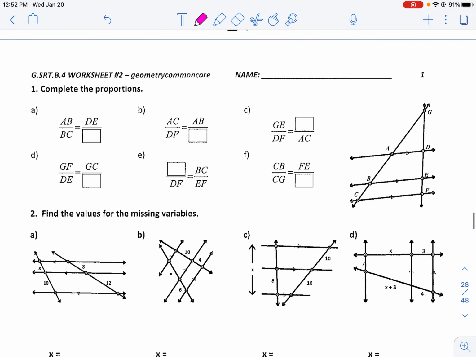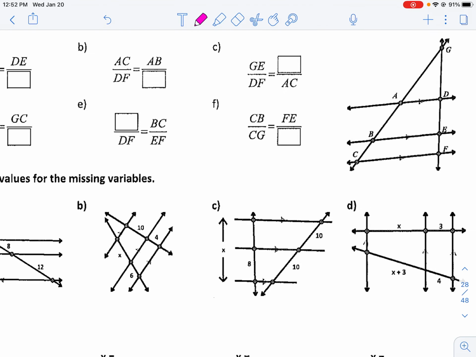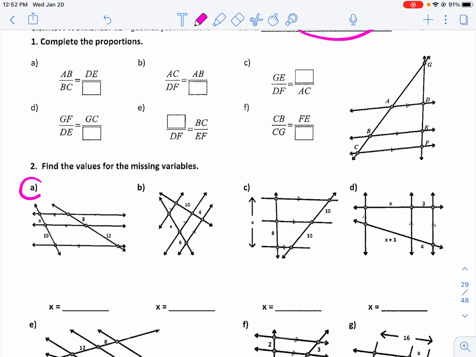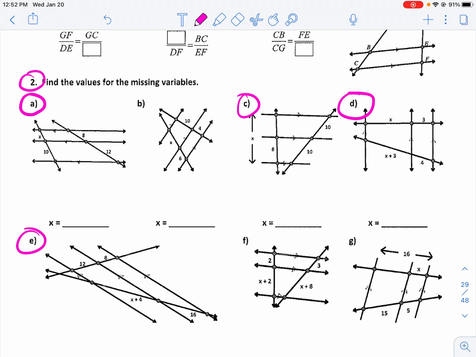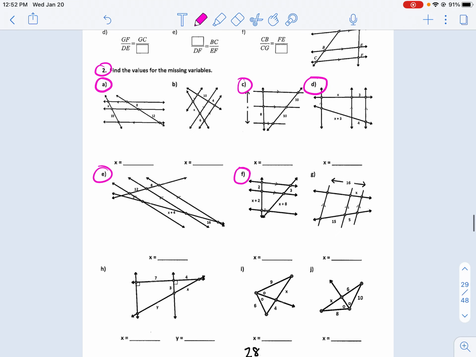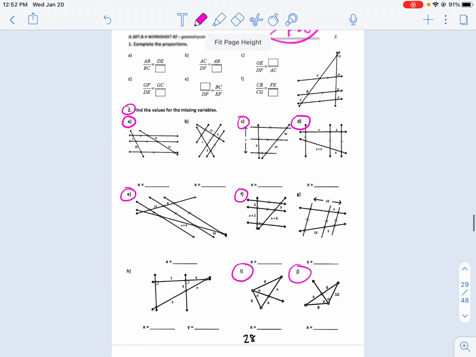All right, so for homework tonight, guys, since our video is pretty short, please go to page 28, and we're going to have you circle just a few. So here's page 28. I want you guys to try 2A, C, D, E, and F. Okay, and then also down here, I and J. So let me just zoom out so you guys can see.